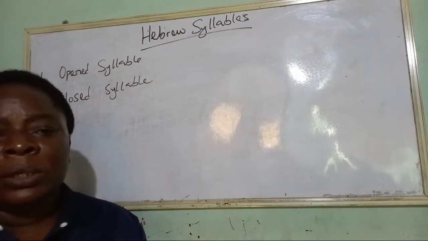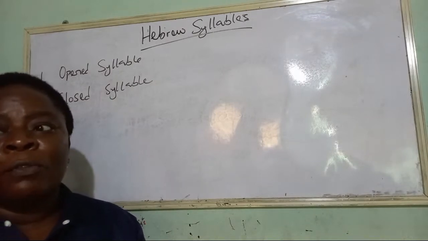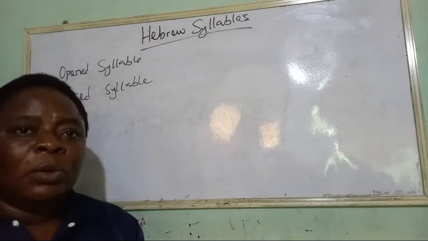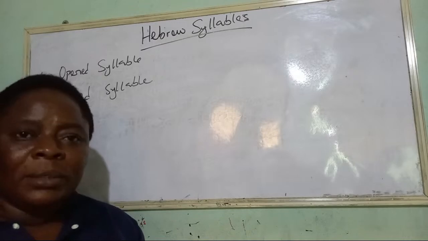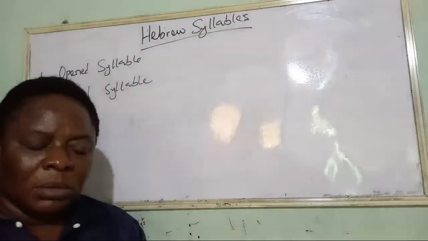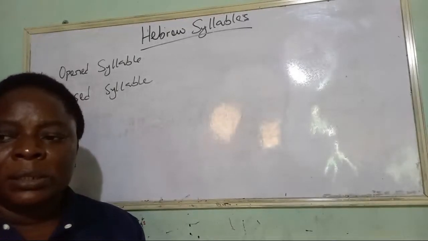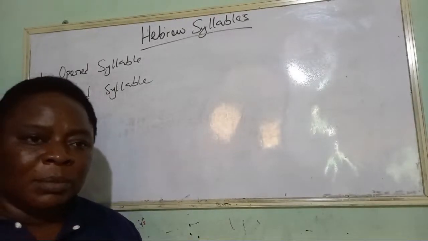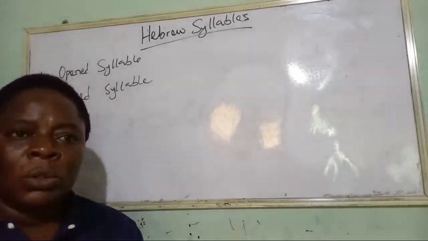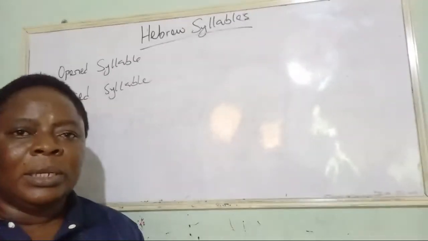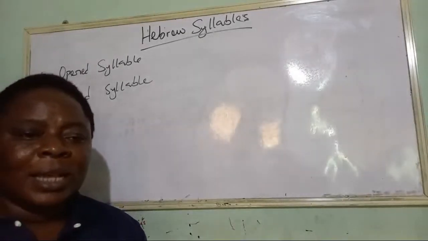Then you will know the number of syllables in the word. Don't forget that. One, it is only the full vowels that we reckon with in Hebrew syllables. Two, to know the number of syllables in a word, just count the number of full vowels in that word.